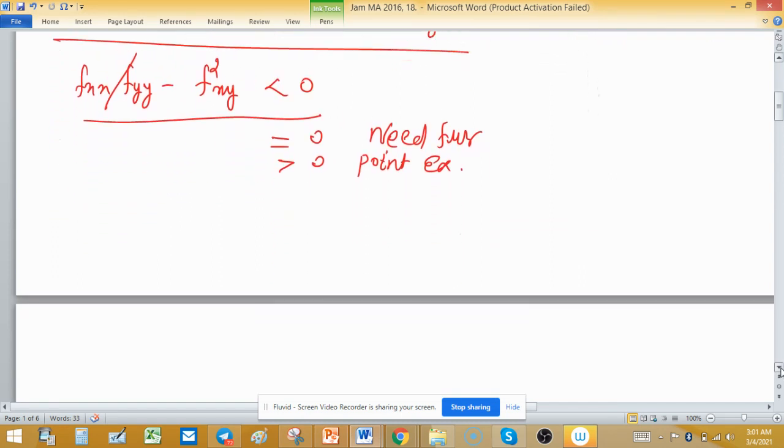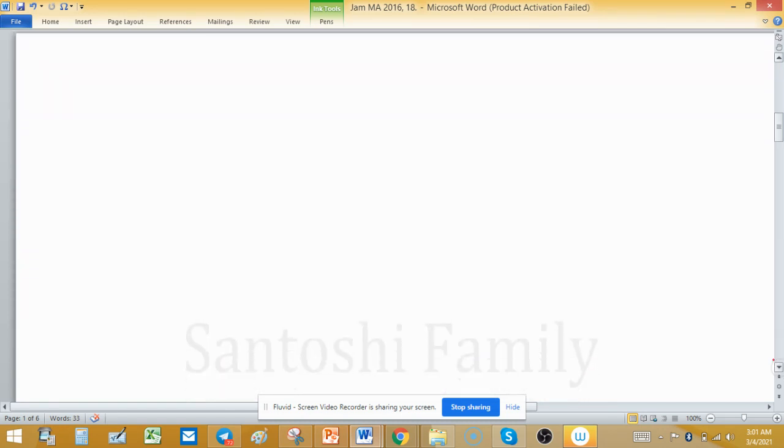Now come to the concerned saddle point. The function in two variables is given by 3x square y plus 4 y cube minus 3x square minus 12 y square plus 1.